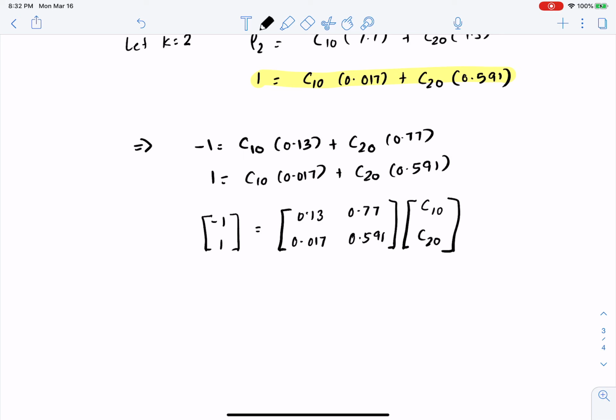You have to define 2 matrices, one for the right-hand side, the 2 by 2 matrix, and the other for the vector on the left-hand side, which is negative 1 and 1.